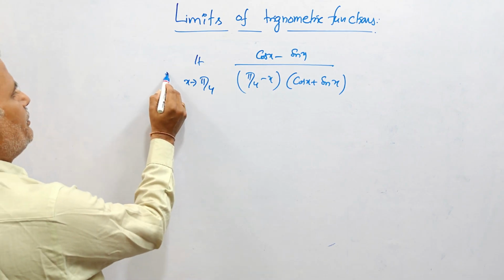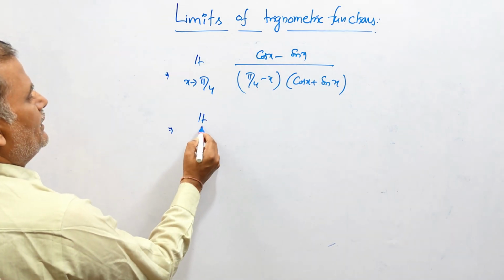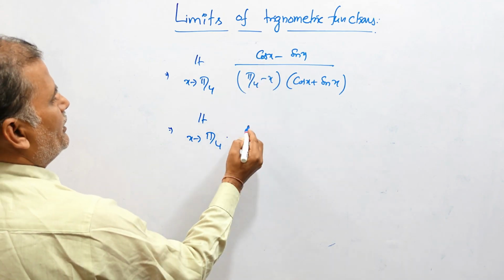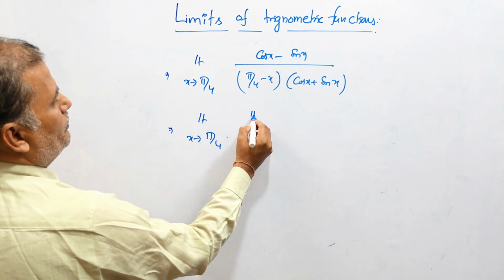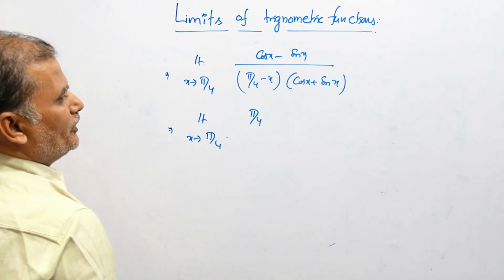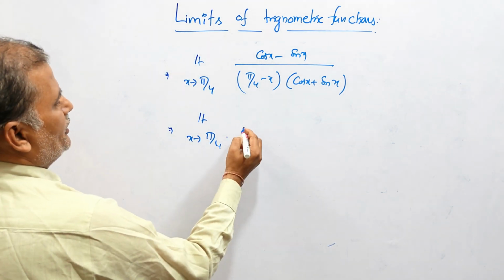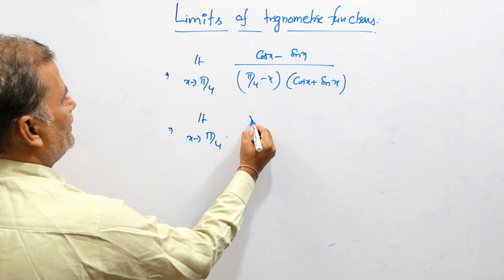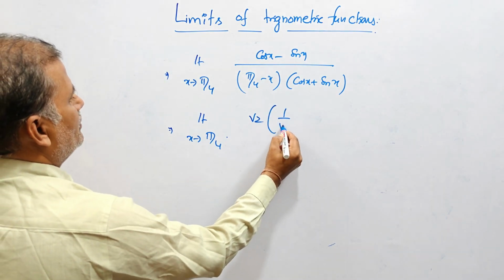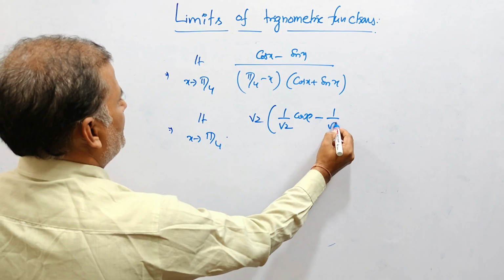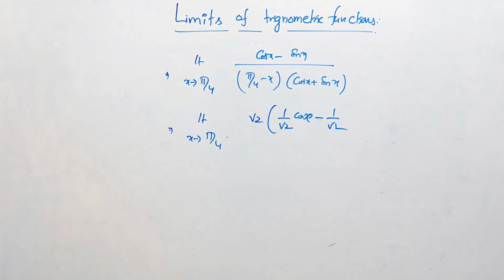Whenever limit x tends to pi by 4, we convert the total problem into pi by 4. Here by multiplying with root 2, directly we get the sin a plus b, sin a minus b formation. Here root 2, 1 by root 2 cos x minus 1 by root 2 sin x.